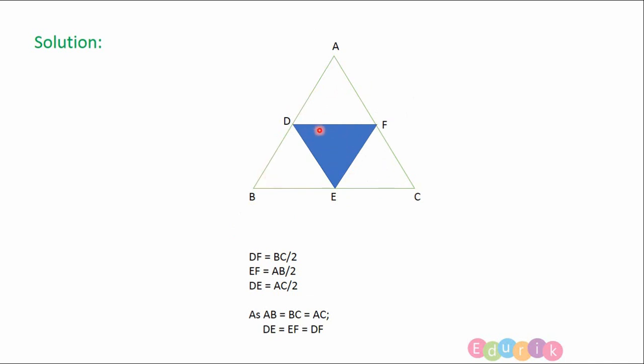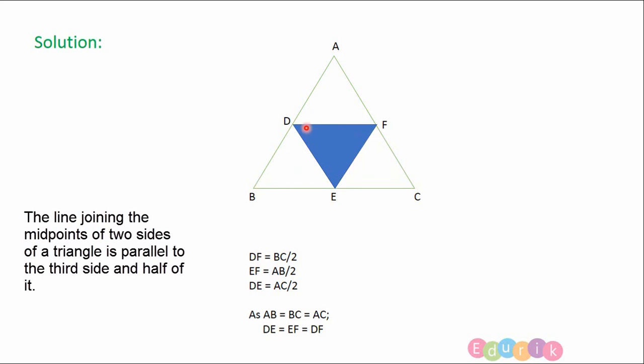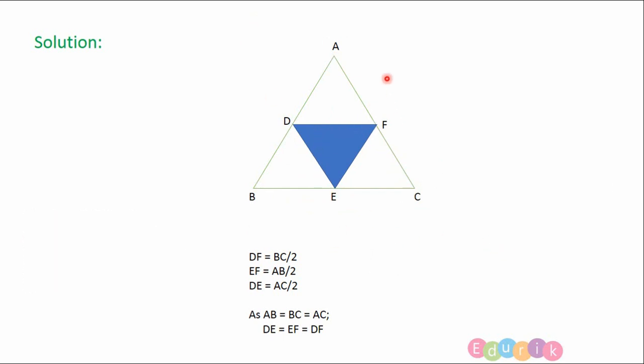Second thing which you can remember is that the line DF will be parallel to this line BC, and the length of DF will be equal to half the length of BC. Similarly, EF will be parallel to AB and DE will be parallel to AC. The length of DE will be equal to half the length of AC and EF will be half the length of AB.